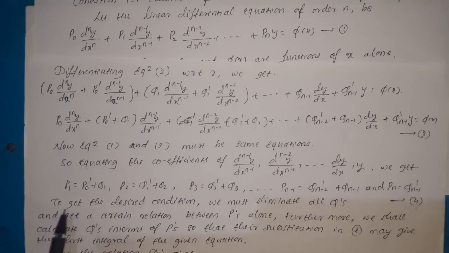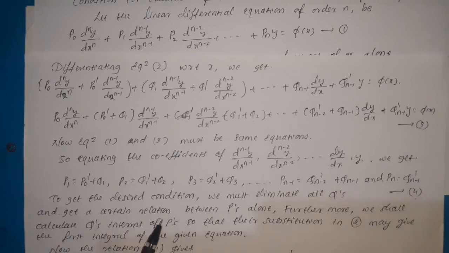Now, to get the desired condition, till now we have not derived the condition. To get it, we must eliminate all the q's. Whatever q's are there, we must eliminate them, and we should get a relation between p's alone.